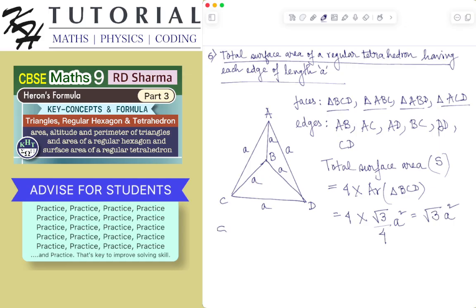So for a regular tetrahedron having each edge of length A, the length of each edge is the length of each side of all the equilateral triangles. There are 4 equilateral triangles, one for each face. So the total surface area will be square root of 3 multiplied by A square. This thing you should remember: in a regular tetrahedron where the length of each edge is A, the total surface area is square root of 3 multiplied by A square.